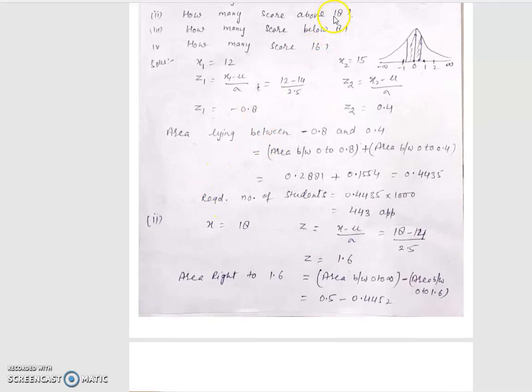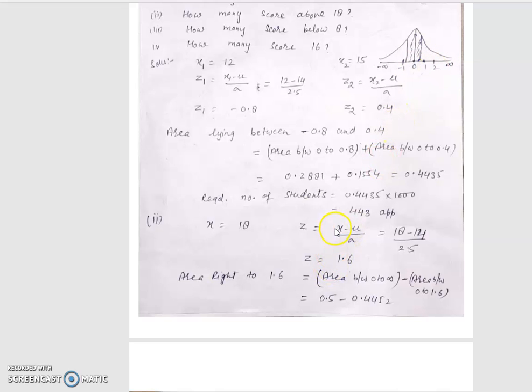Now in the second point, above 18. Now x equals 18, find z. z is 1.6. We need the area to the right of 1.6.